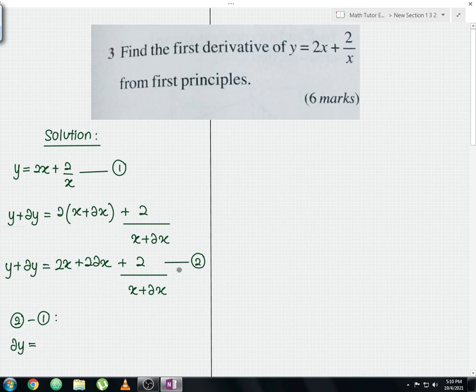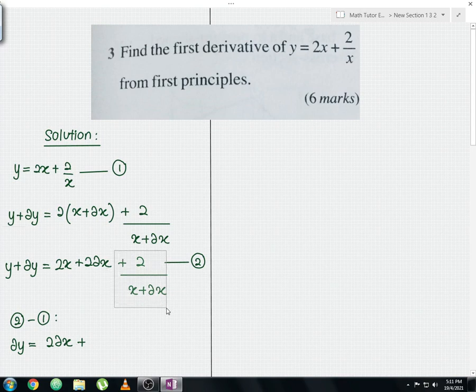The concept is that the right hand side of equation 2, you minus the right hand side of equation 1. So from here you are left with 2 delta x, plus 2 over x plus delta x.